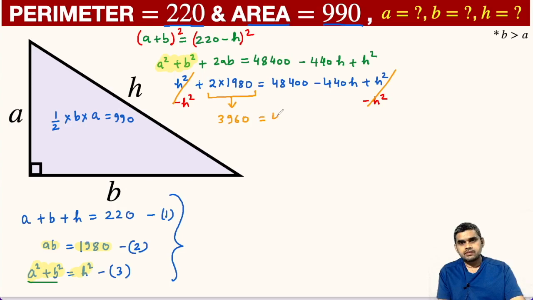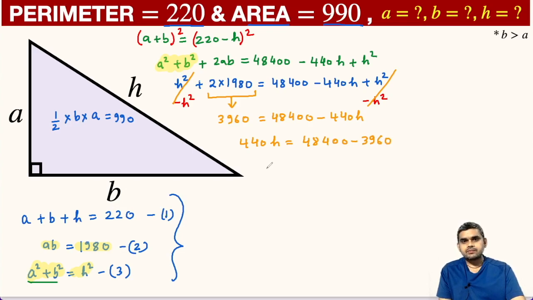Let us multiply this. So this will be 3960 equals 48400 minus 440h. On rearranging, we will get 440h equals 48400 minus 3960. So 440h will be equal to 44440.